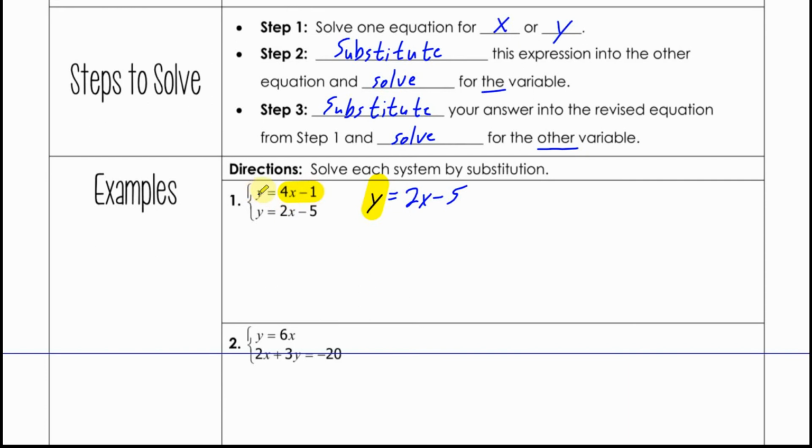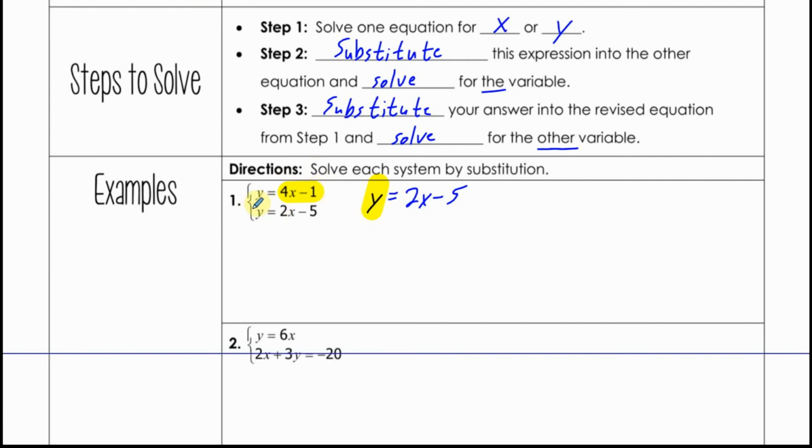So again, you solve one of the equations for x or y, and then you plug it into the other equation. So now I'm taking what I solved equation 1 for, and now I'm going to go to equation 2, this 2x minus 5, and I'm going to replace y with what it's solved for.